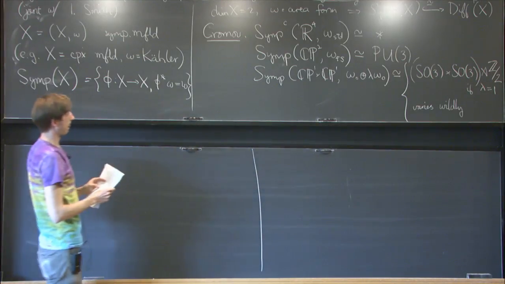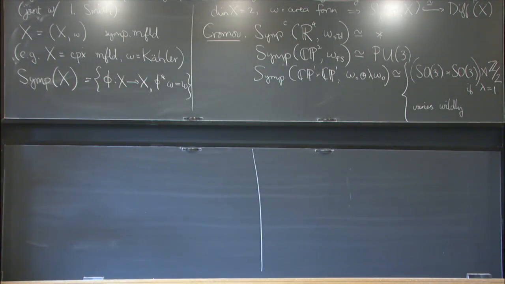That's the rough idea. But in the case where we don't have a nice foliation by J-holomorphic surfaces, we don't have that technique. We need something different.